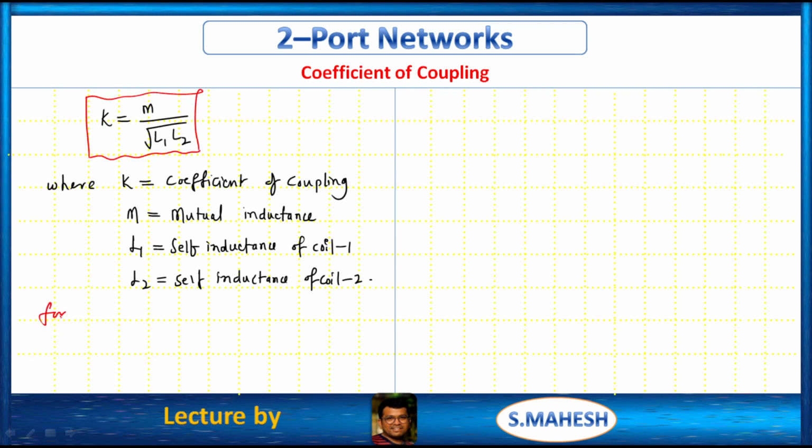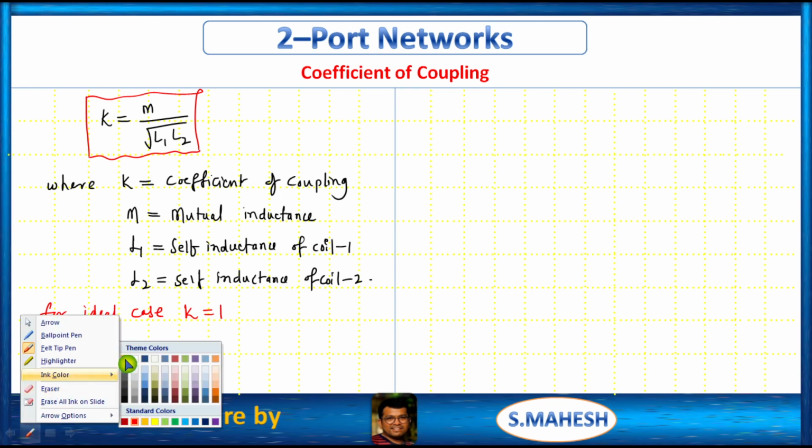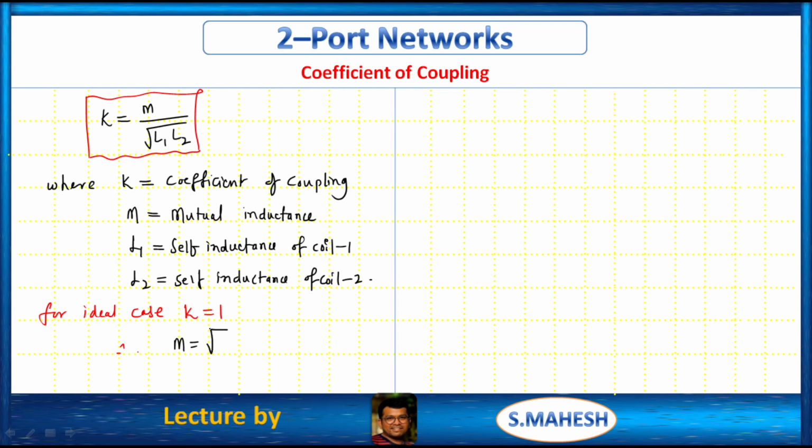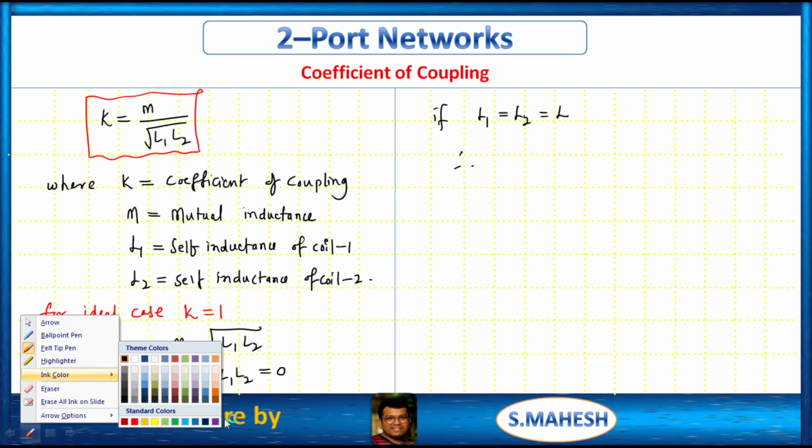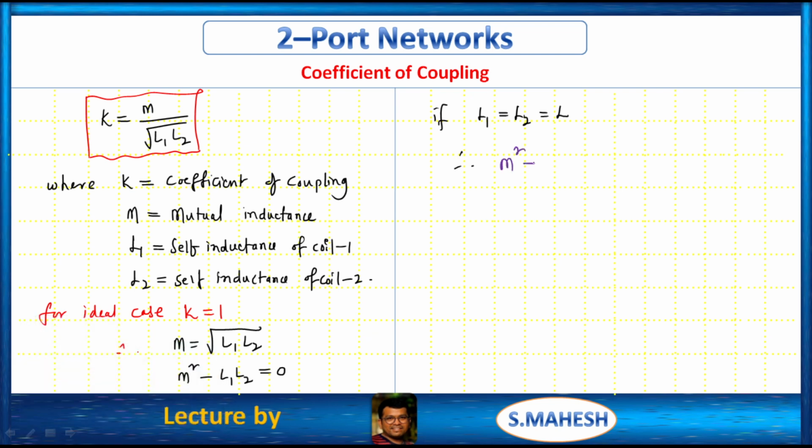Here we can write for the ideal case k is equal to 1. Therefore M is equal to square root of L1 L2, that is M square minus L1 L2 is equal to 0. If L1 is equal to L2 is equal to L, if for example the self inductance of coil 1 and coil 2 are equal, then M square minus L square is equal to 0.